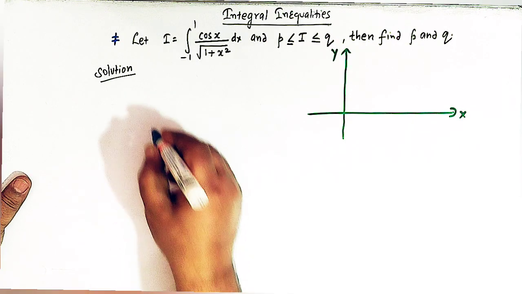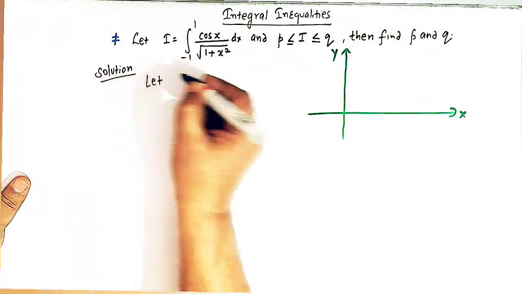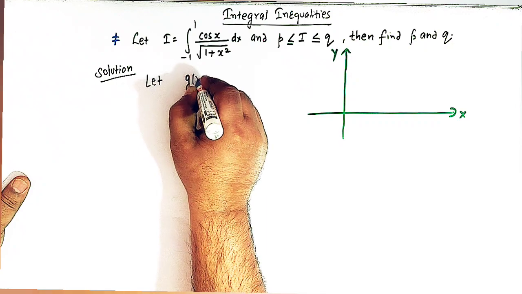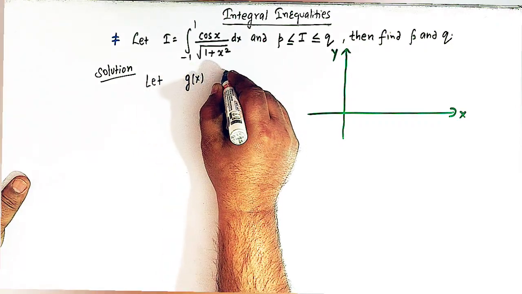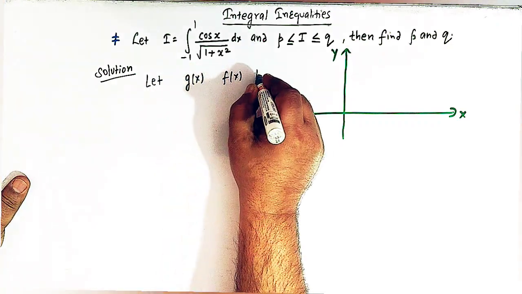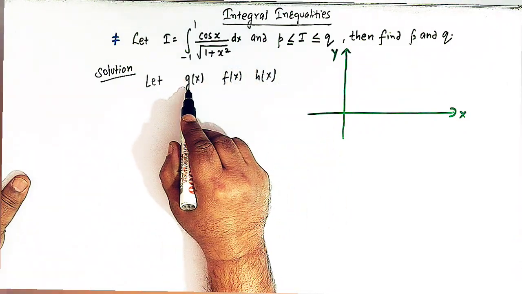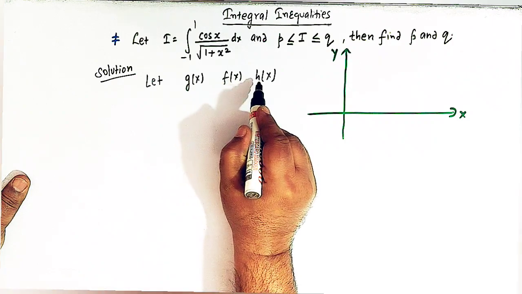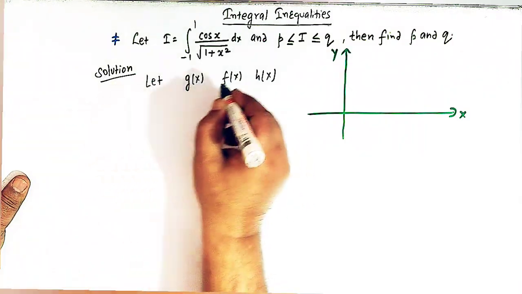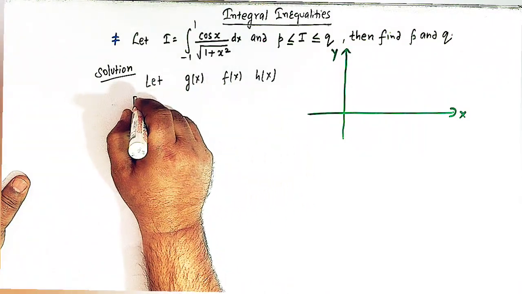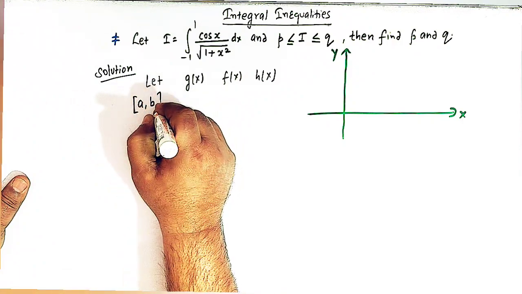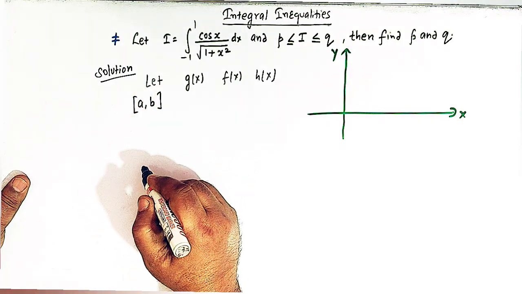So viewers, let us consider three functions, g of x, f of x, and h of x. These three functions are integrable in some interval a comma b, right?